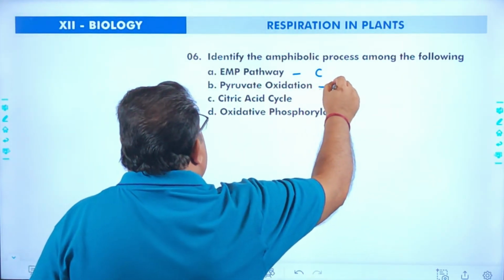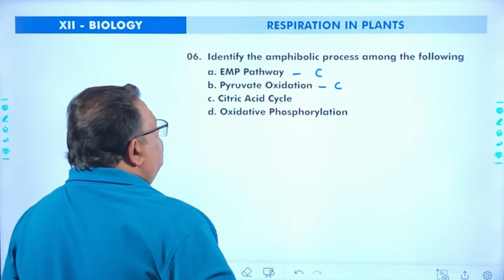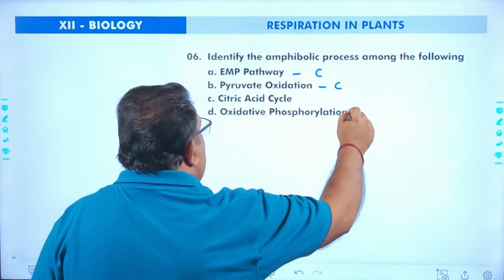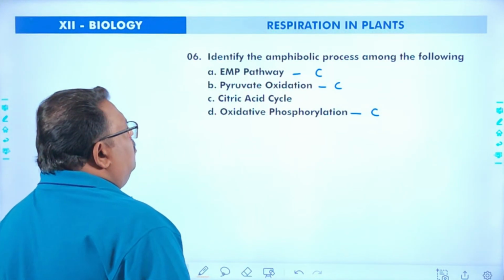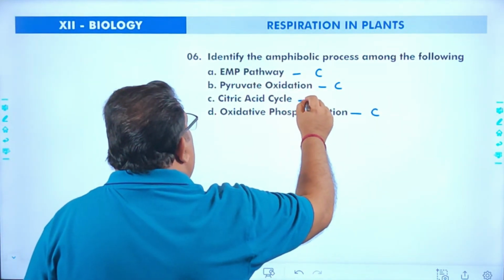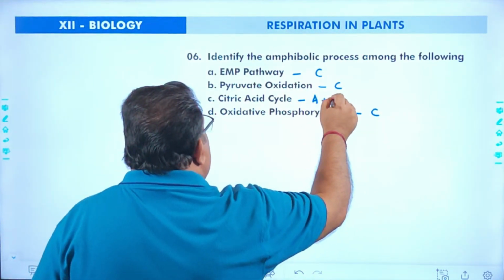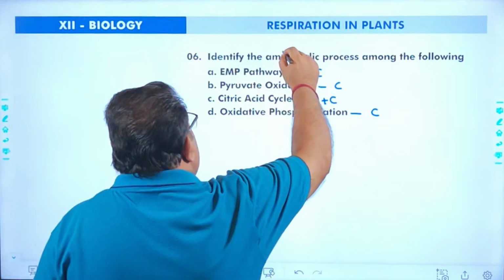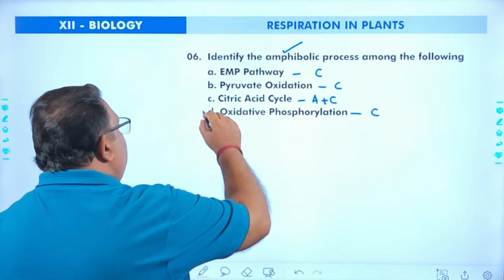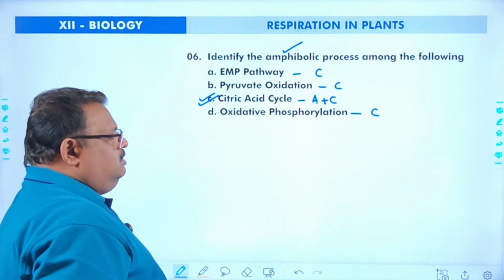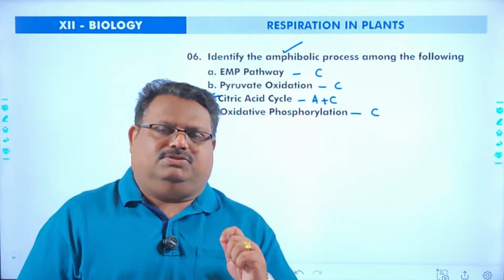Pyruvate oxidation is totally catabolic. Oxidative phosphorylation, that is also during catabolism. But citric acid cycle is both anabolic and catabolic. So the process is considered to be amphibolic process. So citric acid cycle or TCA cycle or Krebs cycle is considered to be an amphibolic process.